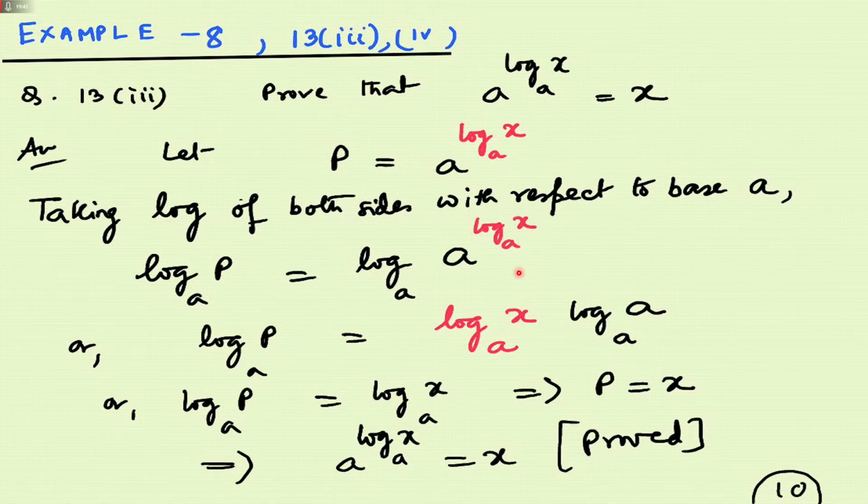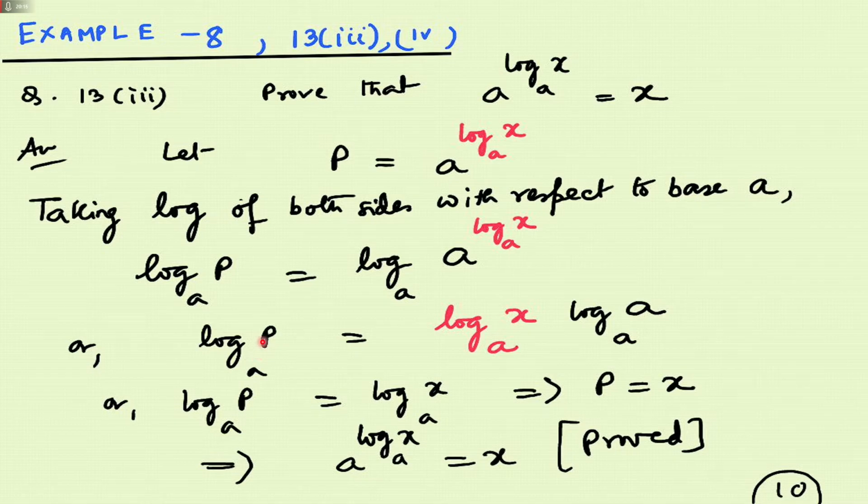To separate it, since it is in index form, in power, to identify it properly I am using a different color. So this is in power, and the power will come forward of this log. So we will have log x base a into log a base a, and this is 1.